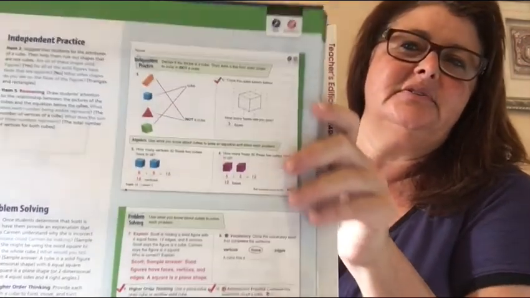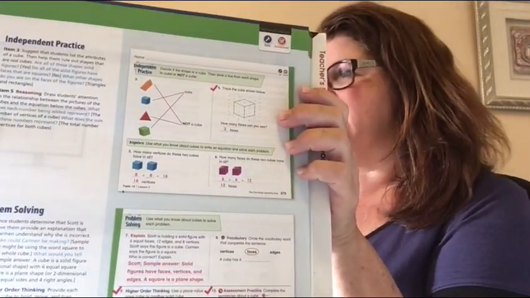Number 5. Algebra. Use what you know about cubes to write an equation and solve each problem. How many vertices do these 2 cubes have in all? In all means you're going to be adding up the vertices. How many vertices did we say a cube has?